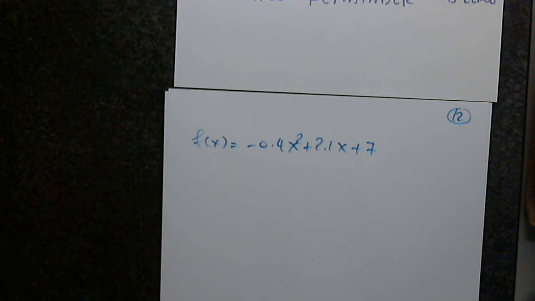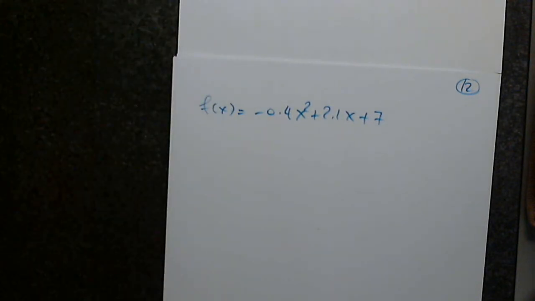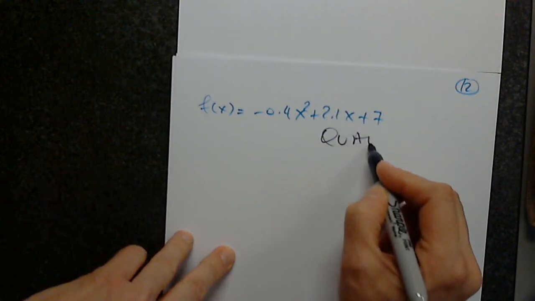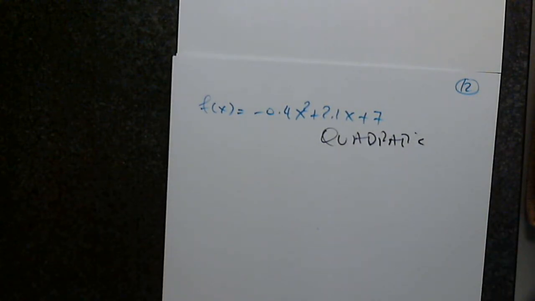We're asked to find the maximum and how far away from me it hits the ground. So in theory, can we just plug this in a calculator? No. What type of function is it? Quadratic indeed. Degree 2. Awesome.